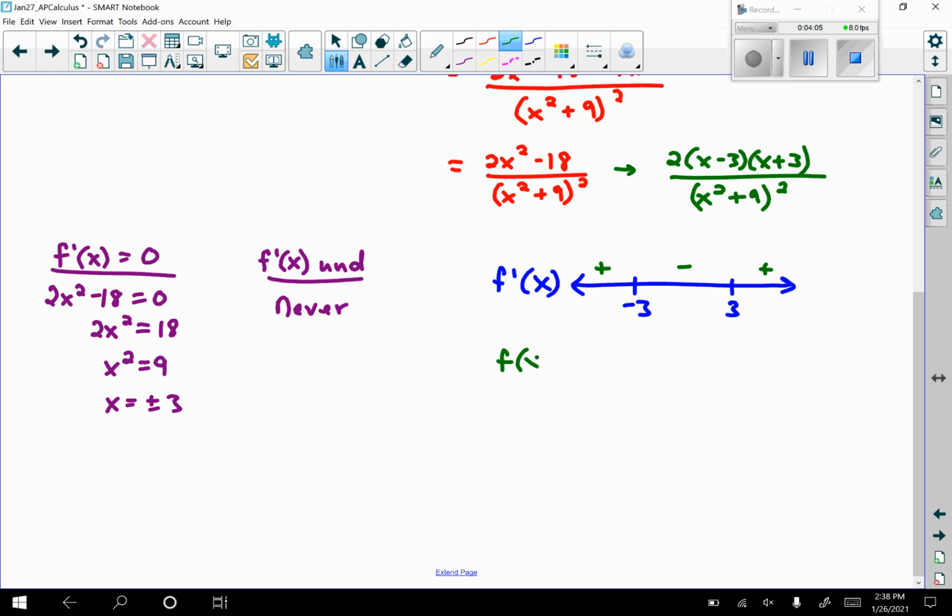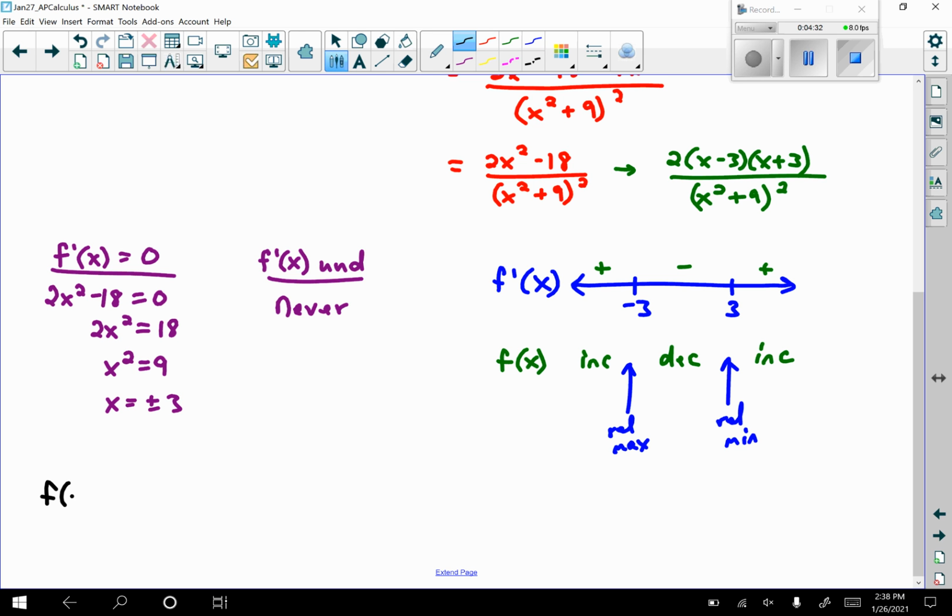So this means our function is increasing, then decreasing, and then increasing again. So we can indicate we've got a relative max here and a relative min here. All right, so let's figure out these values here.